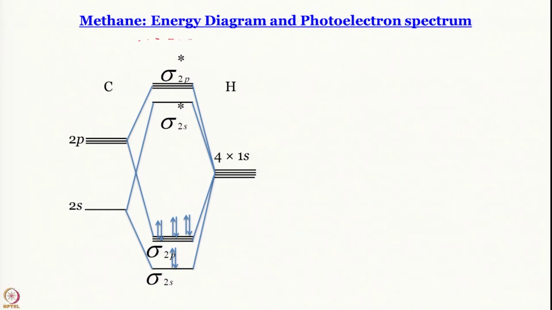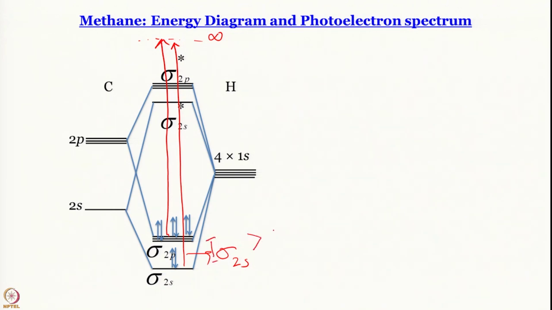Let us say this is the continuum, this will be one ionization energy, this will be another ionization energy, which is more obviously this. So, sigma 2s orbital is associated with an ionization energy that is greater than ionization energy of sigma 2p.